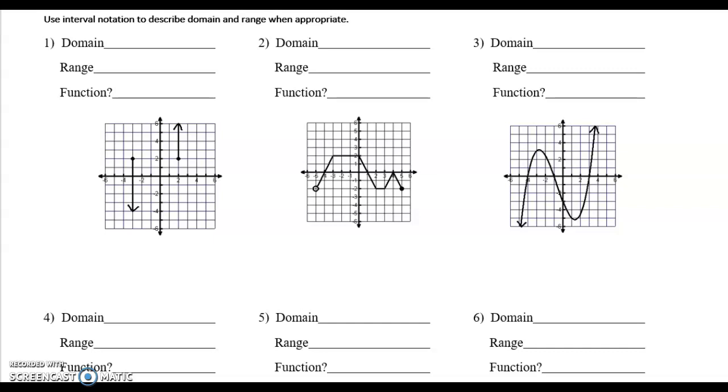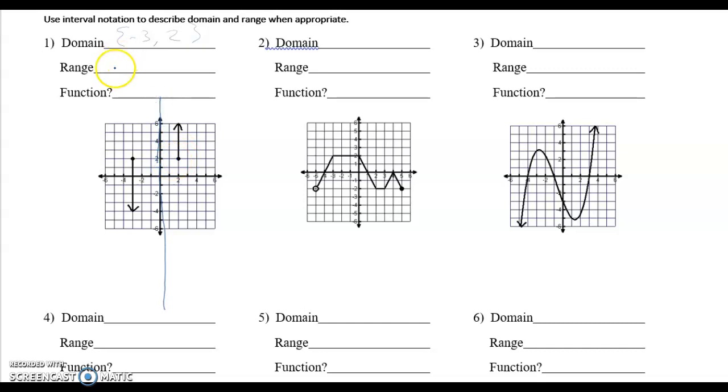So here's some examples. Let's look at this one really quickly. If we look at this, what's the domain? Oh, there's only 2 numbers in the domain. It's -3 and 2. And the range is about what y values this thing covers.